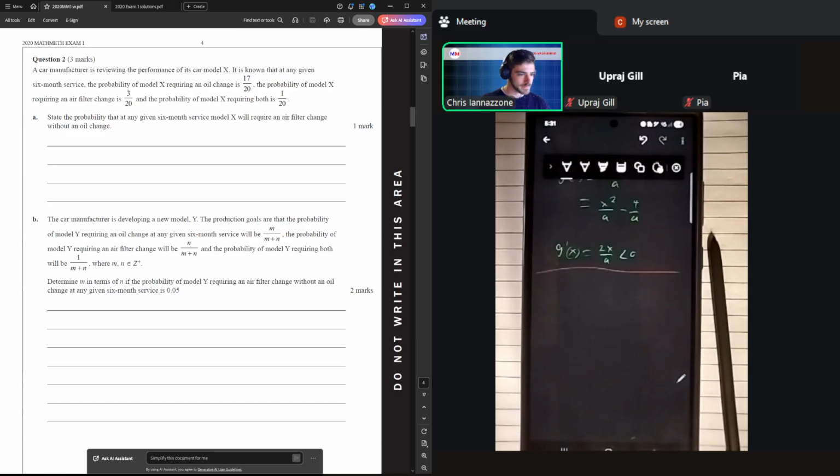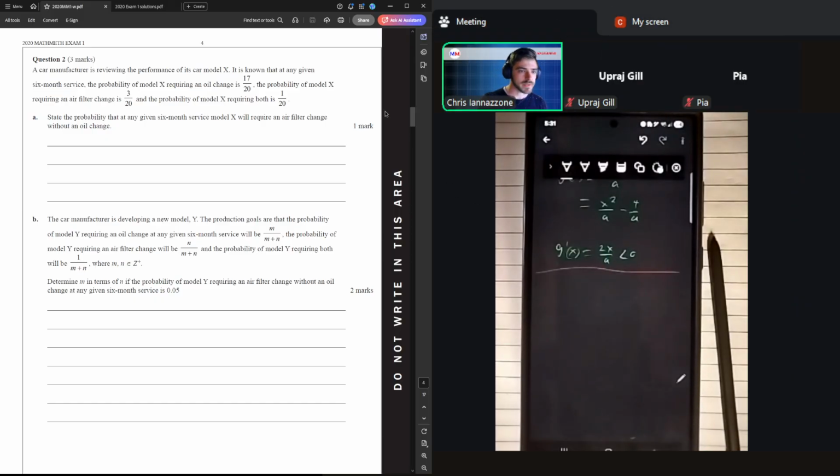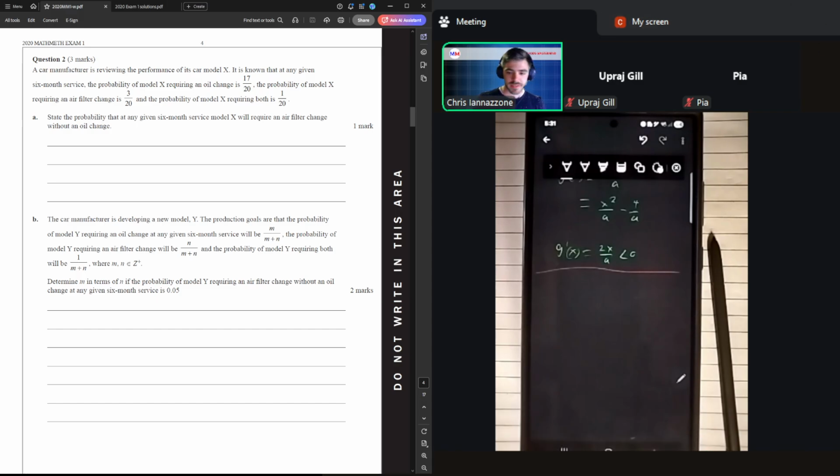That's what we're targeting. So yeah, either have a look at the screen share or in the provided exam solutions or exam doc, one of those. Let's crack on.